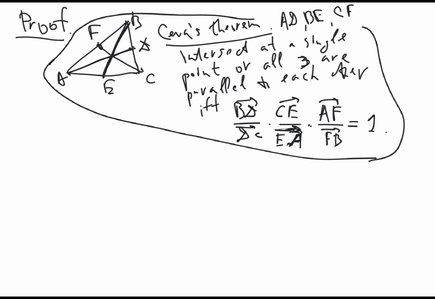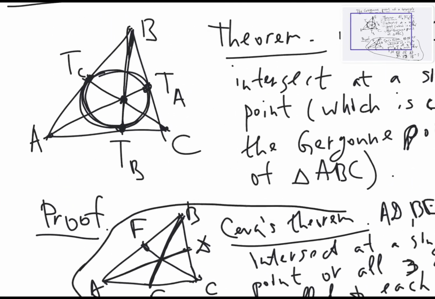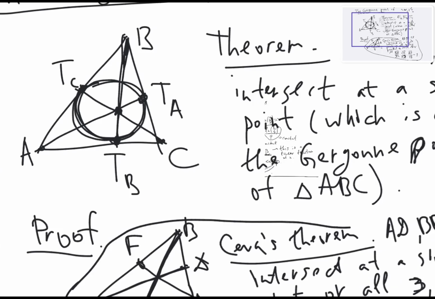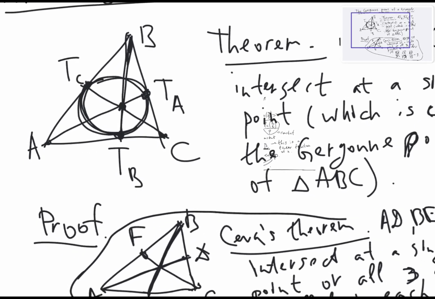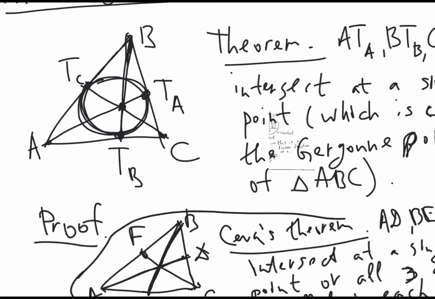So in our case, let's turn back to this case. So we know that the tangents to the same circle from the same point are always equal to each other. So this segment, for example, is equal to this segment, right?